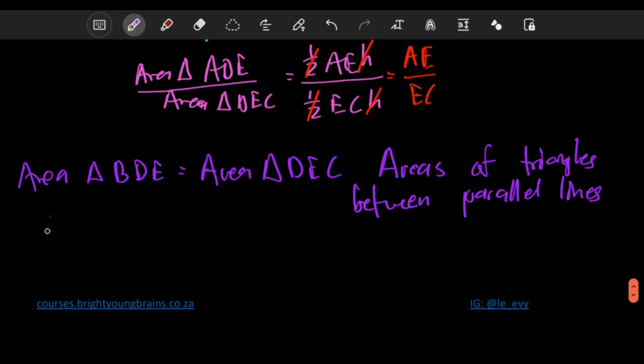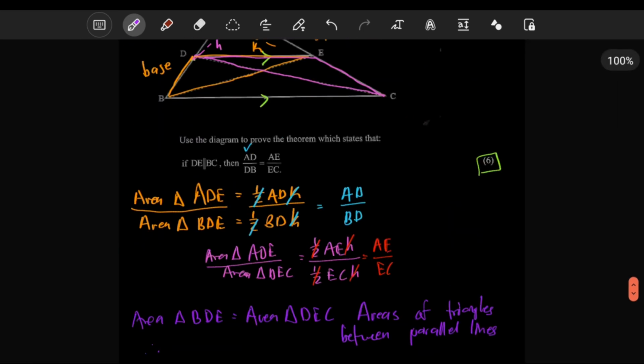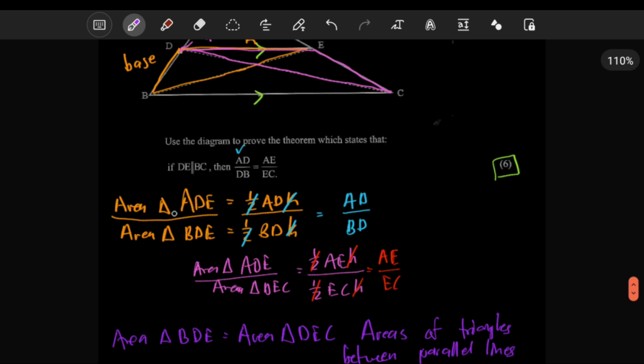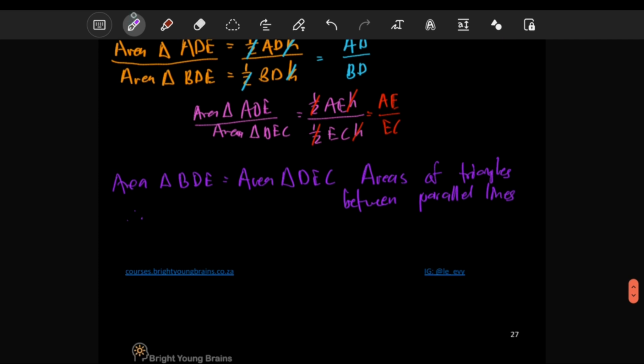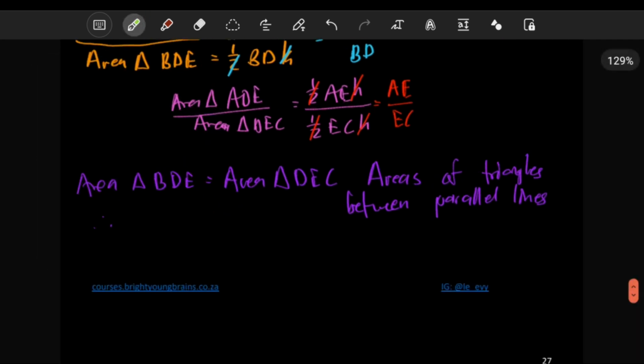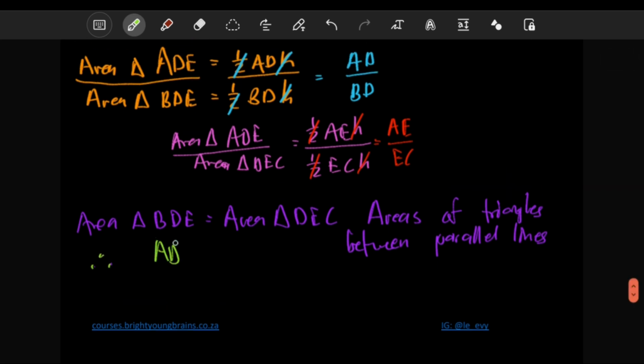So here you can then say therefore. Because you see, here you've used the same triangle. It's still ADE here. It's still ADE. So as long as the bottoms are equal, then you know you're done. As long as you've stated this, then you can say therefore AD over BD, because this has been simplified to that, and this has been simplified to that.